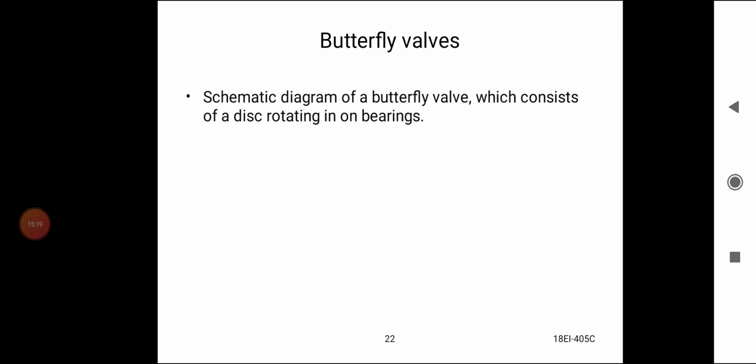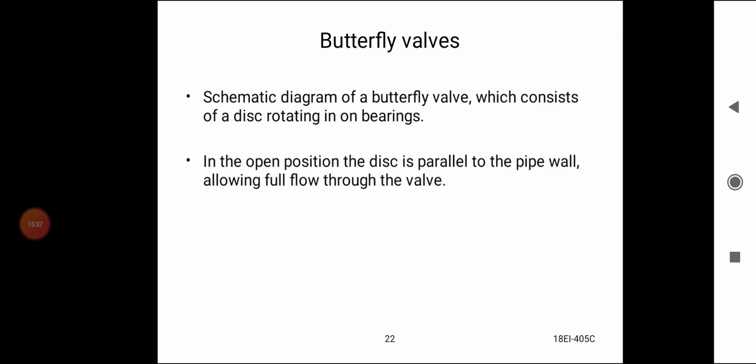The schematic diagram of the butterfly valve shows a disc rotating on bearings. In the open position, the disc is parallel to the pipe, allowing full flow through the valve.